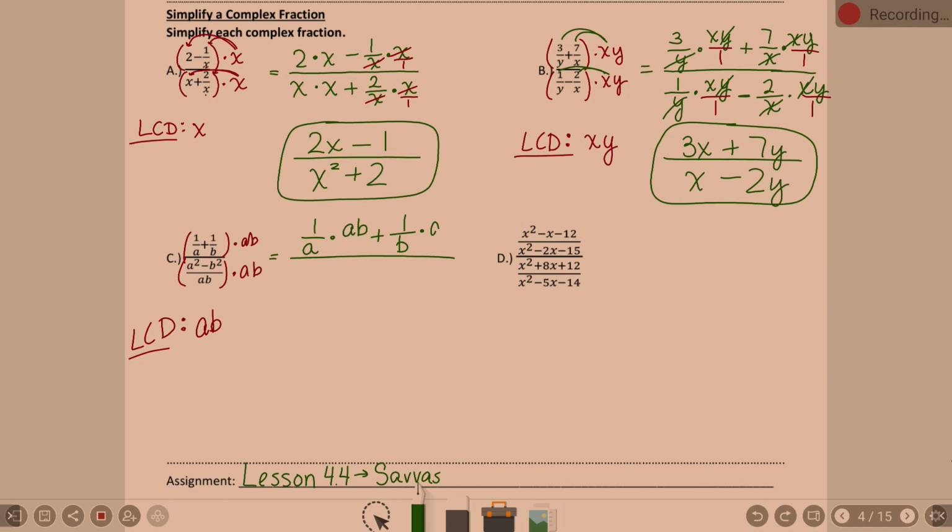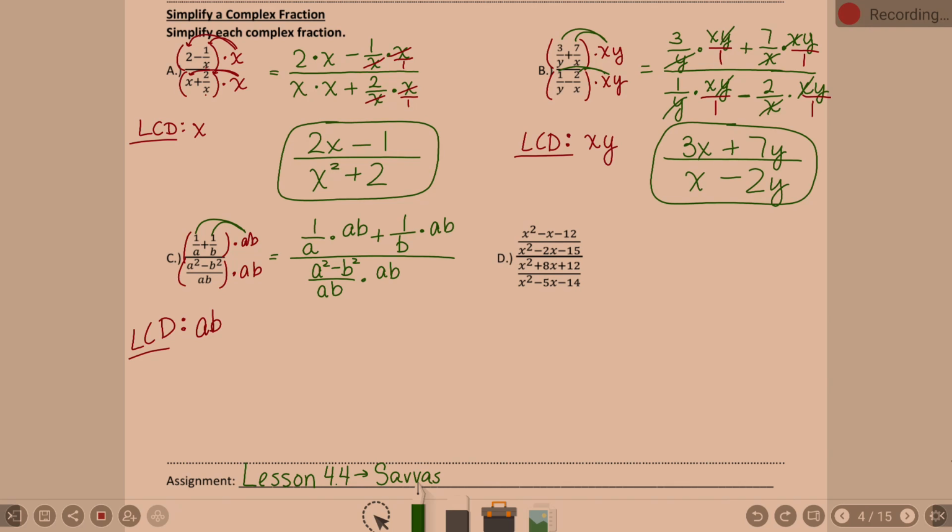We're distributing that AB. Now, what about on bottom? It's just A squared minus B squared. It's just one fraction, isn't it? So are we distributing it? No, not really. It's just the A squared minus B squared over AB times AB. We're just multiplying that by one fraction.